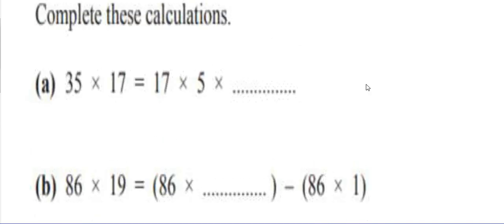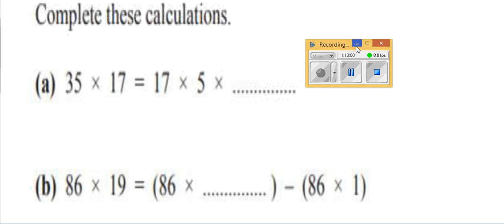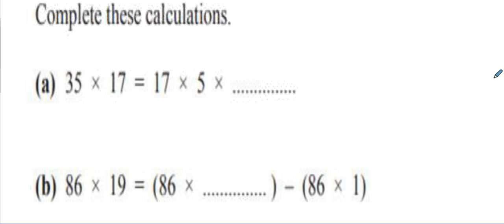Now let us do this question here. Complete these calculations. We have part A, 35 times 17 equals 17 times 5 times which number over here?